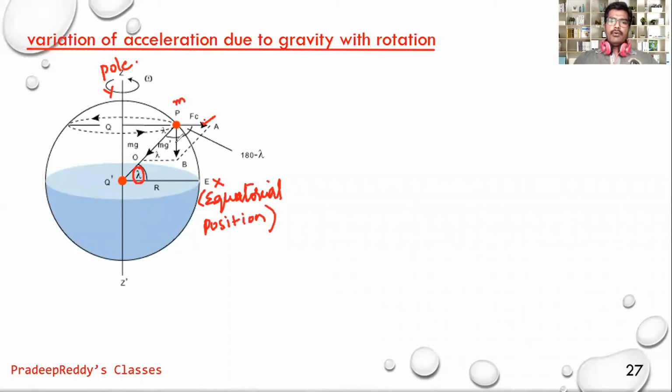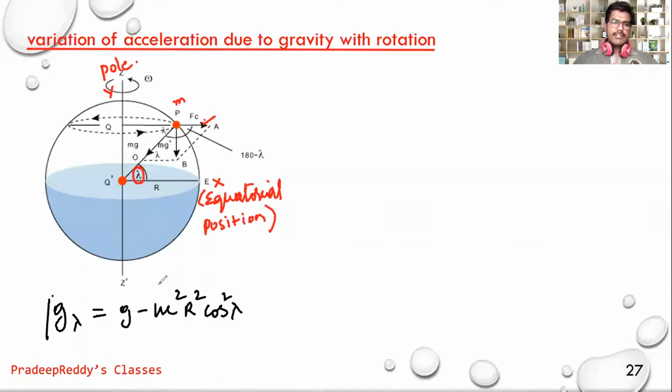Now, as gravitational force and centrifugal force are not in the same direction, you need to resolve them into components. You can write the final expression as acceleration due to gravity at a certain position lambda is g minus omega square r square into cos square lambda.